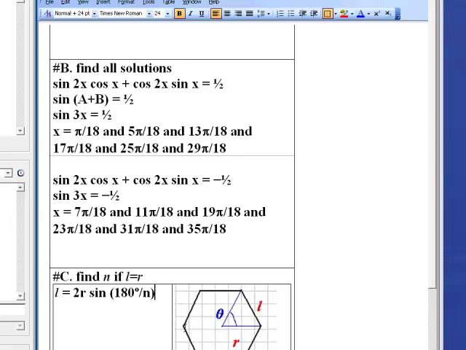Find N, that means find the number of vertices, and that's also the number of sides. So determine what kind of polygon it is if the side L equals the radius R.